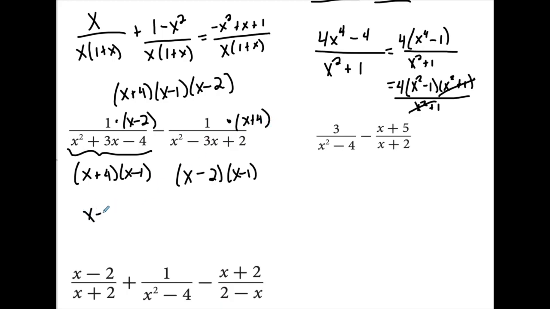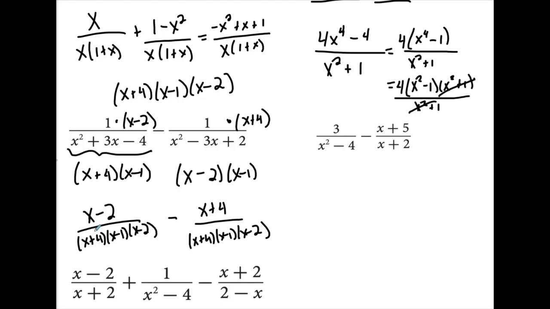So I get x minus 2 over x plus 4, x minus 1, x minus 2, minus x plus 4 over x plus 4, x minus 1, x minus 2, and then I simply add or subtract across the top. So the x's cancel, negative 2 minus 4 becomes negative 6 over x plus 4, x minus 1, x minus 2.